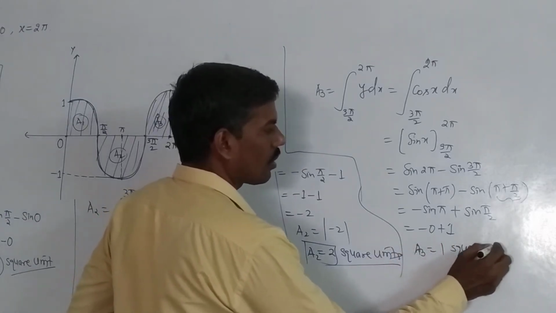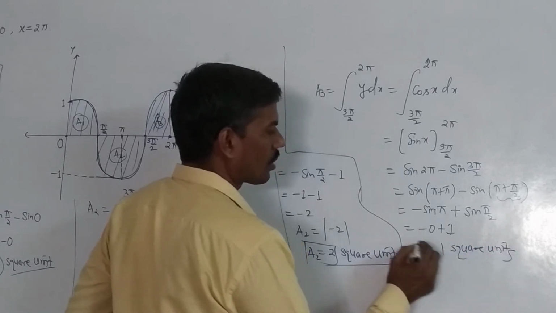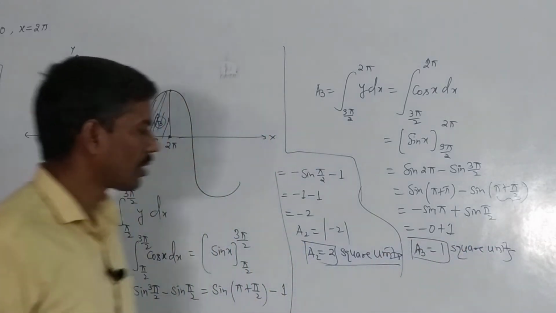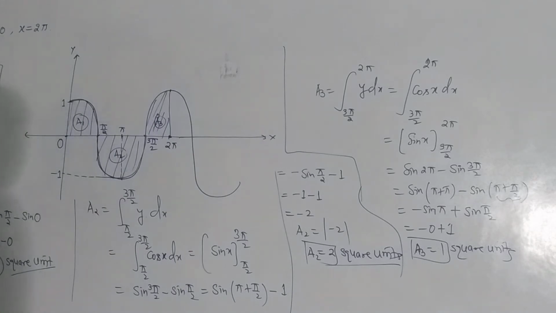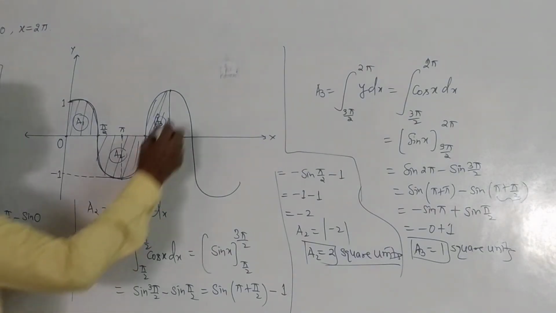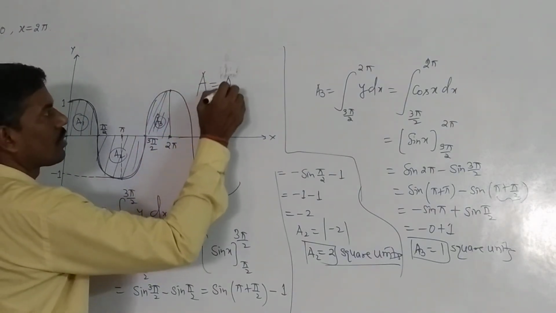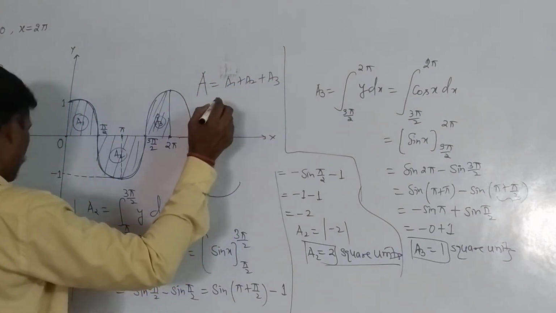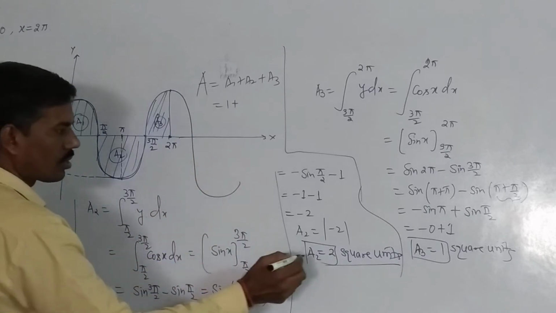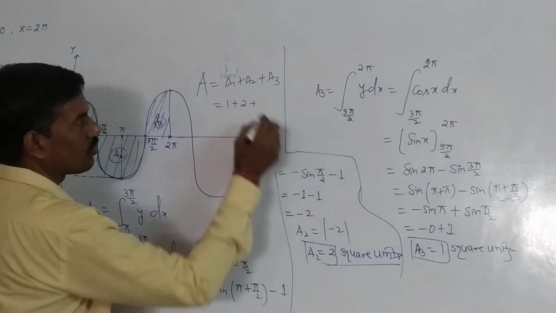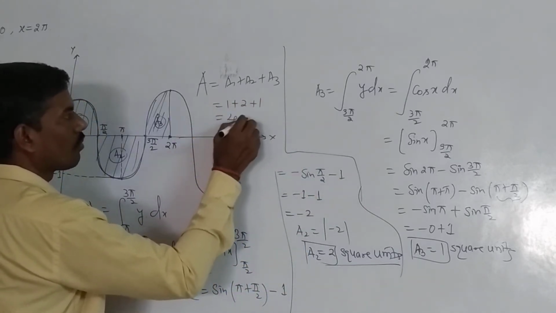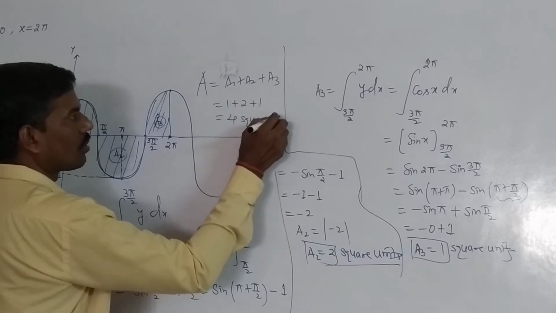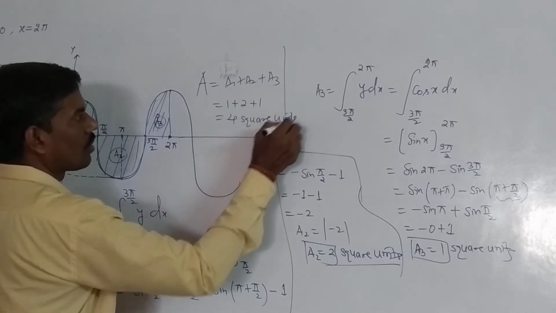So A3 is equal to 1 square unit, A2 is 2, and A1 is 1. So the total area is A1 plus A2 plus A3. A1 is 1, A2 is 2, and A3 is 1, so the total is 4 square units.